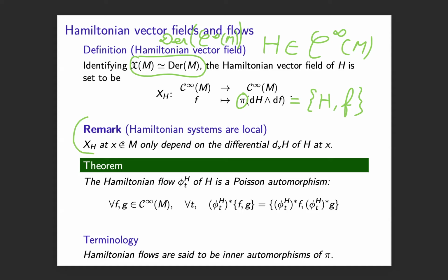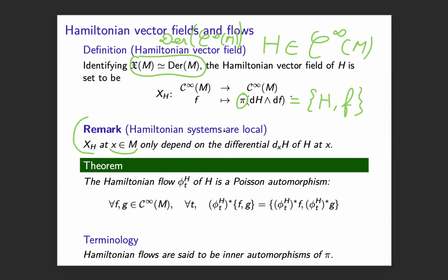Hamiltonian systems are local because the Hamiltonian vector field of H at x in M only depends on the differential d_x H of H at x and not more.